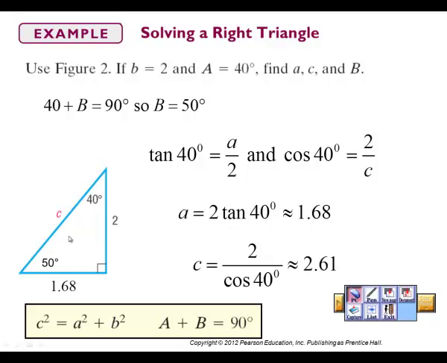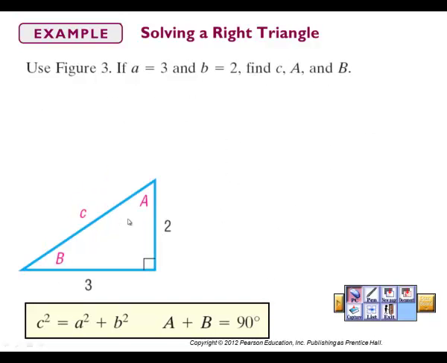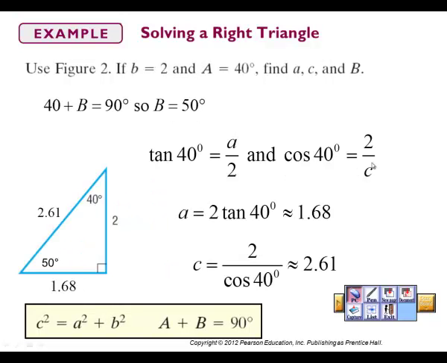So they did it a little bit differently. They used tangent and cosine for both. Notice they did tangent of 40. Tangent of 40 would be opposite over adjacent. We didn't know what this was. This was A. So this is opposite over adjacent, and they got 1.68.